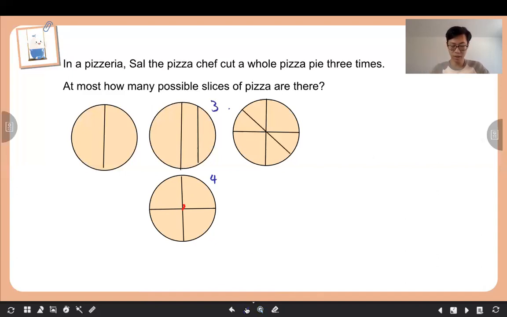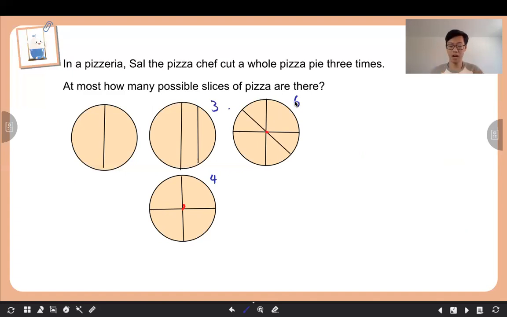That's how we see our pizza being cut, like Pizza Hut or Papa John's, you name it. And how many pieces do we have here? Right, we have 6. But what if I tell you that I can even get more? I can get even more than 6 pieces, still with 3 cuts. Do you believe me?